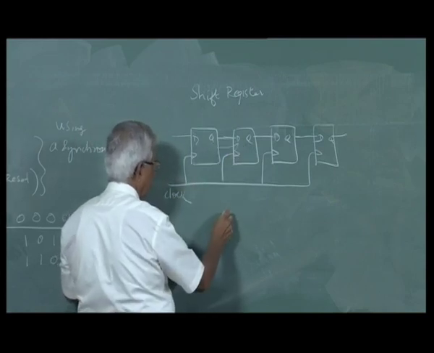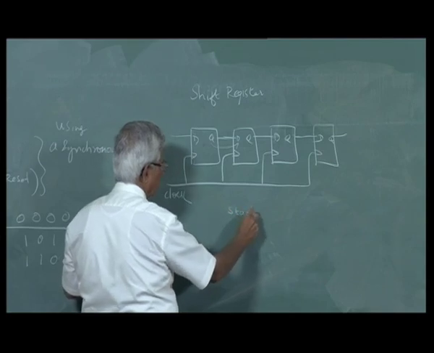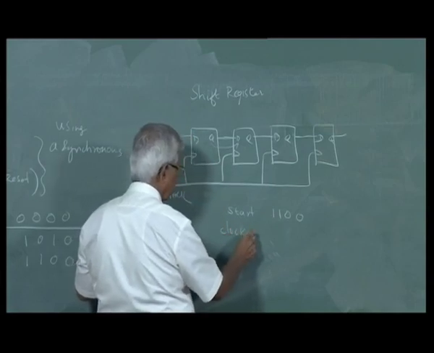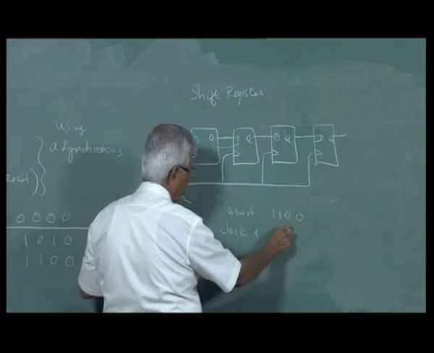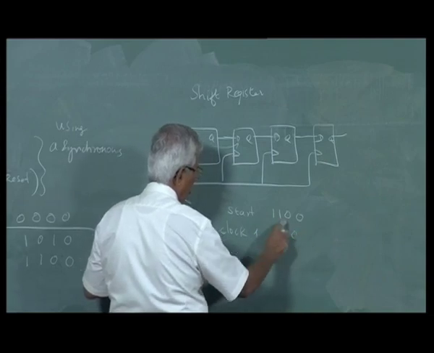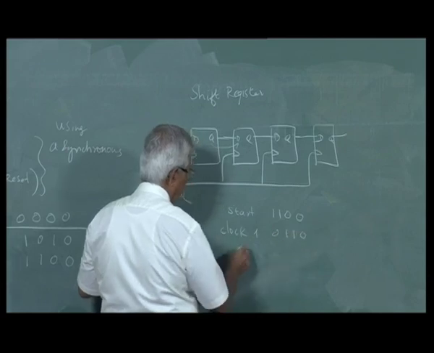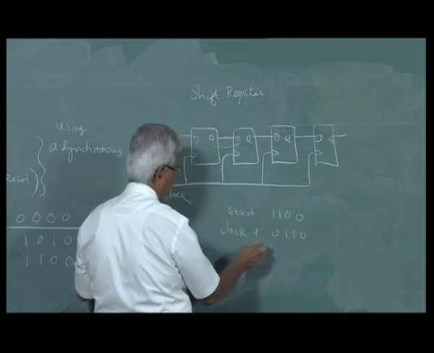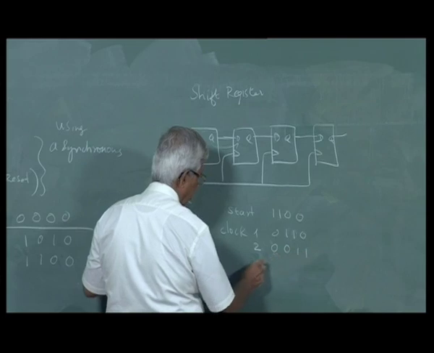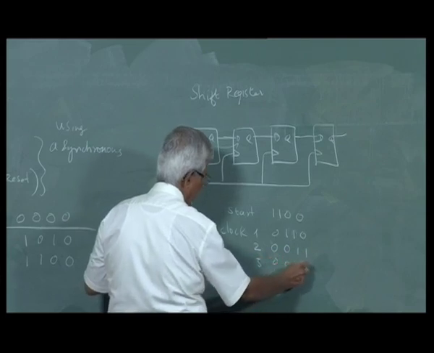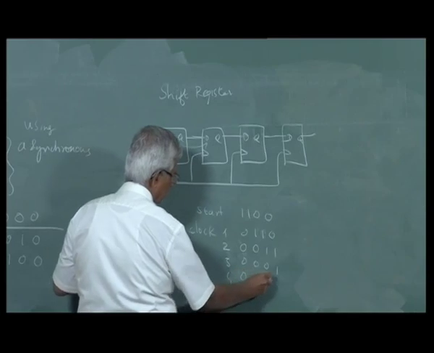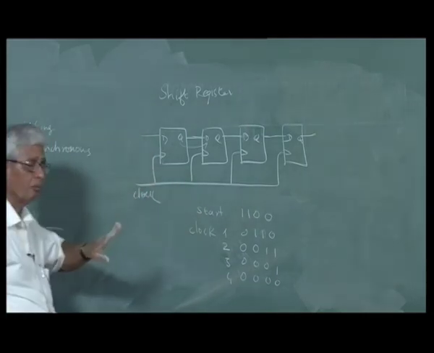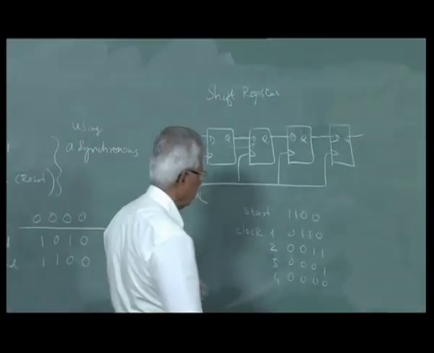So let us start with 1 1 0 0. After clock 1, this becomes 0 1 1 0. After the second clock, it depends on what you give here. Supposing you give 0 afterwards, unless you give a new value to D every time, whatever value you gave will disappear.